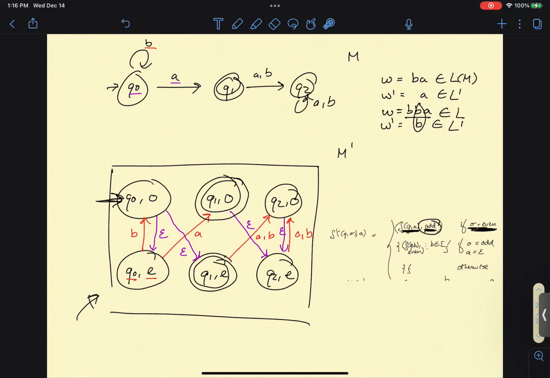Then it would be like the state such that the state from the first element of the tuple is five.